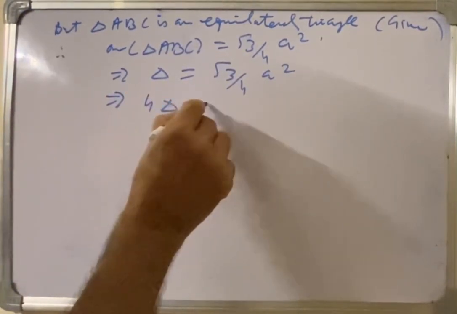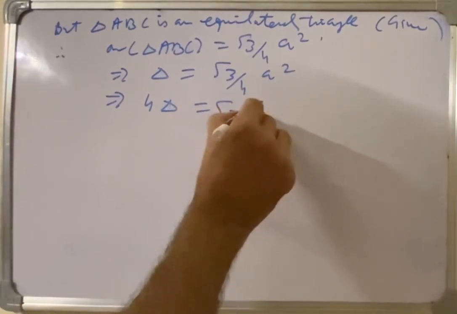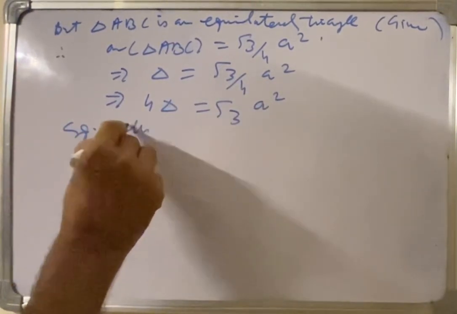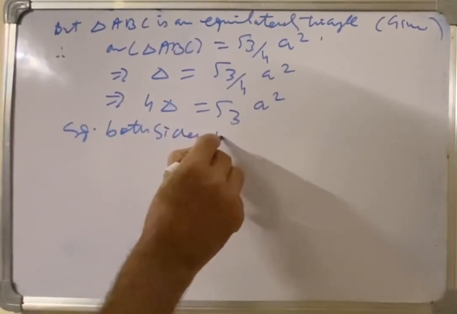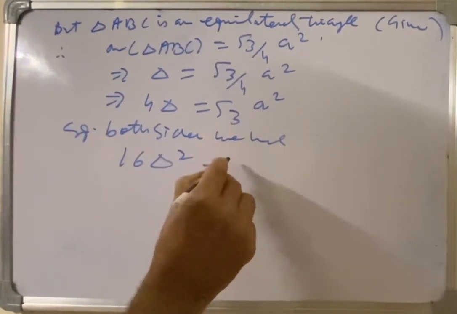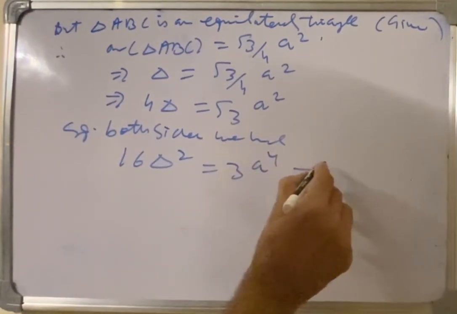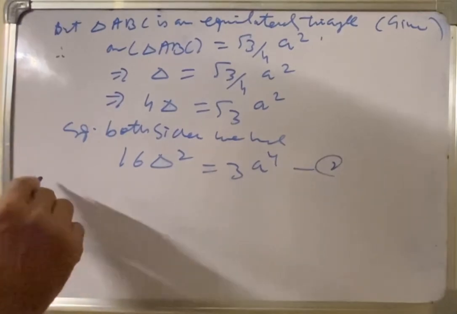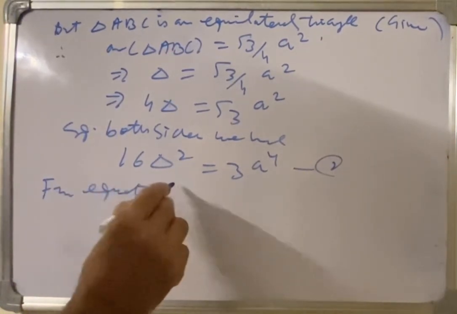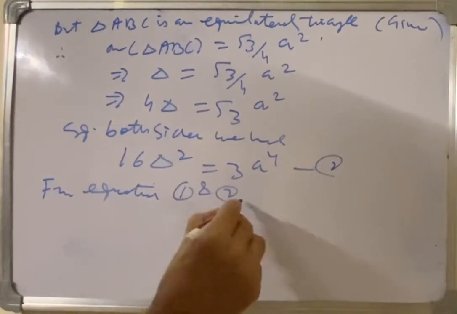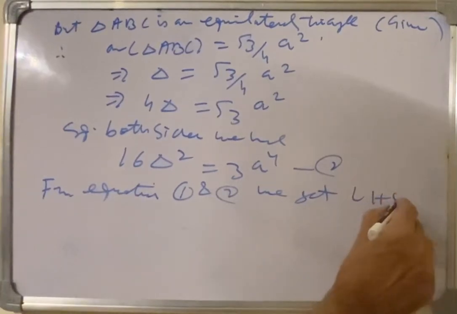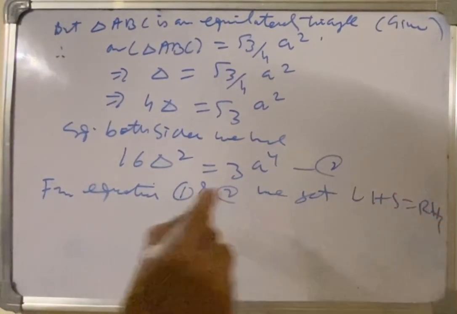4 delta is equal to square root 3 a square. Squaring both sides, we have 16 delta square is equal to 3a raised to 4. This is the second equation. From the first and second equations, we get left hand side is equal to right hand side.